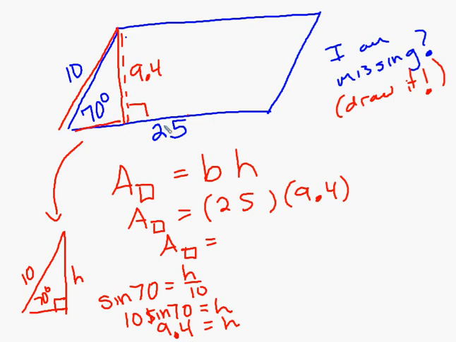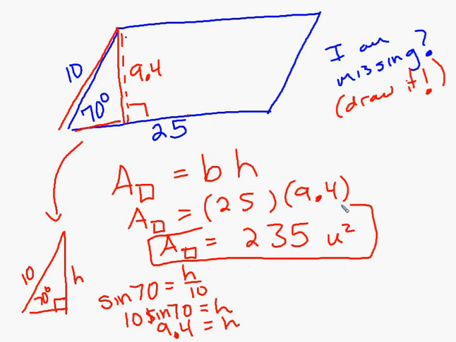I could have used 10, but the way I drew it, I did not. So what's 25 times 9.4? 235, in units squared, whatever our units happen to be. Base times height, and that's our final answer.